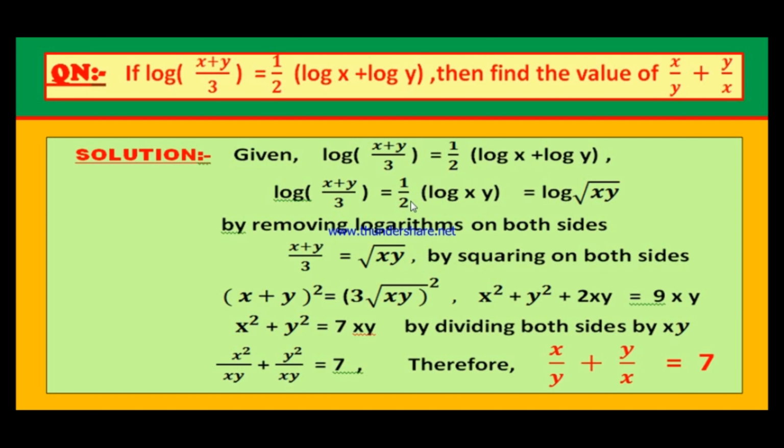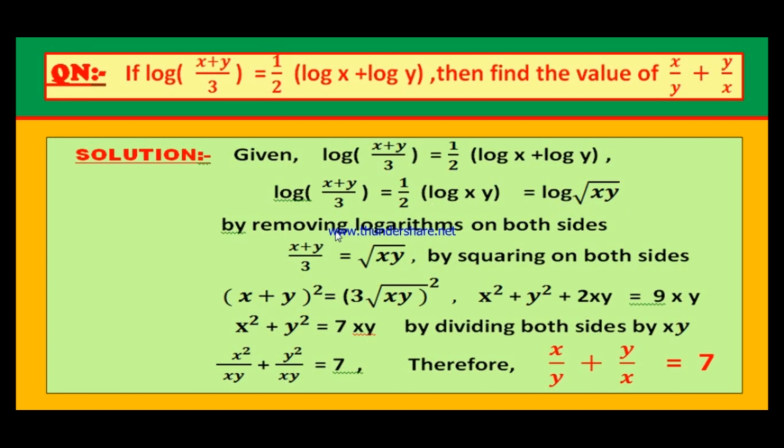This 1 by 2 is the quotient. If we take it inside, it becomes an exponent, that is log xy to the power 1 by 2. xy to the power 1 by 2 is nothing but the square root, log root over xy. So LHS is log of (x plus y) by 3 and RHS is log root xy.